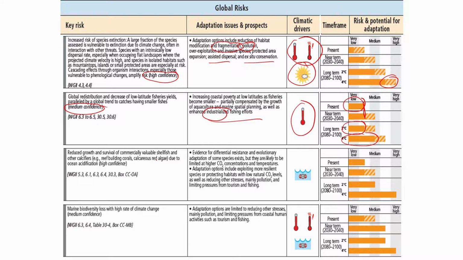Reduced growth and survival of commercially valuable small fish and other calcifiers like reef building corals and calcareous red algae, and the impact on them due to ocean acidification. Obviously, that is more to do with carbon in the water and ocean acidification. So, the adaptation issues are that evidence for differential resistance and evolutionary adaptation in some species exist.